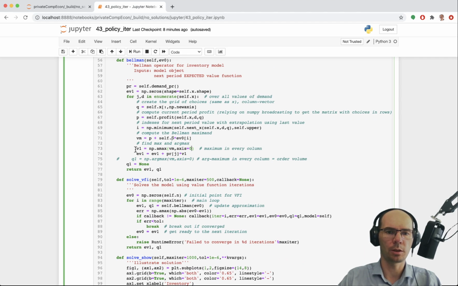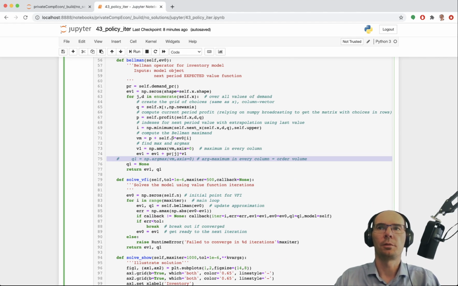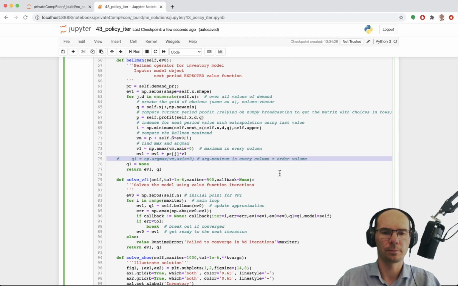Right, we're finding the maximum in every column, and then the expected value is accumulated here. Now, the argmax is impossible to compute here, because the argmax requires this to be done for all possible values of states X and demands D, except that now we know that it can be represented more efficiently as a function of the post-trade demand. I'm sorry, post-trading stock.